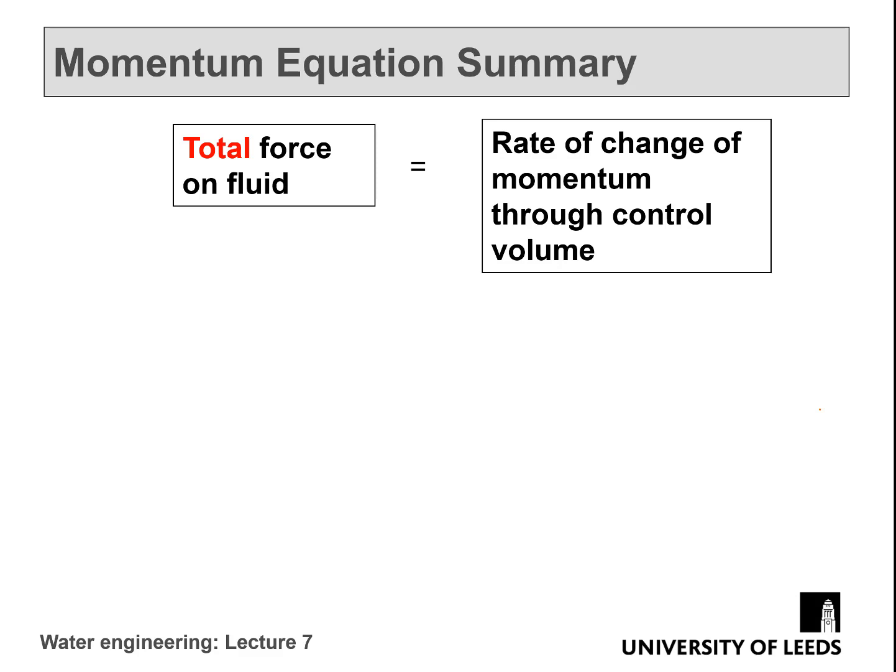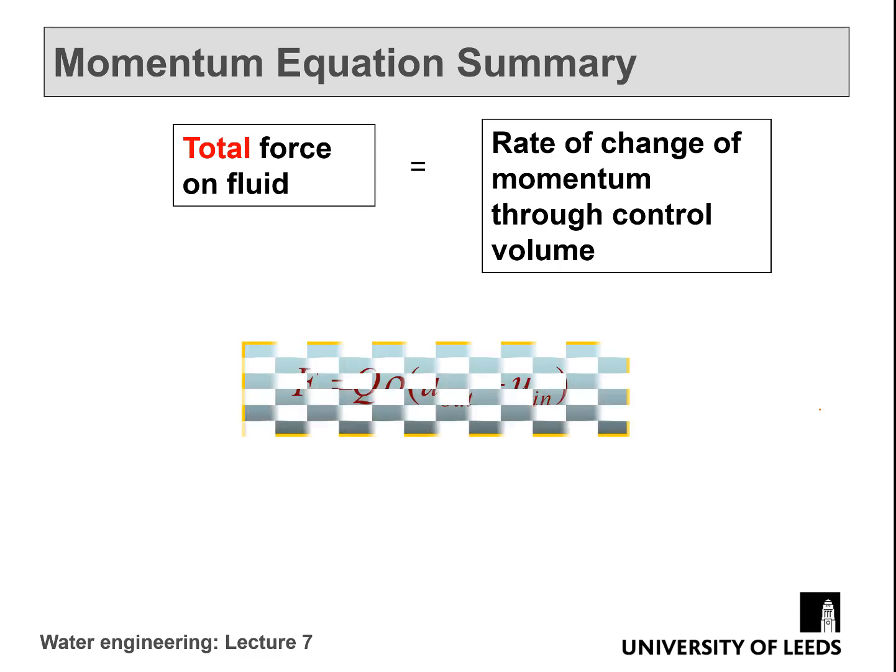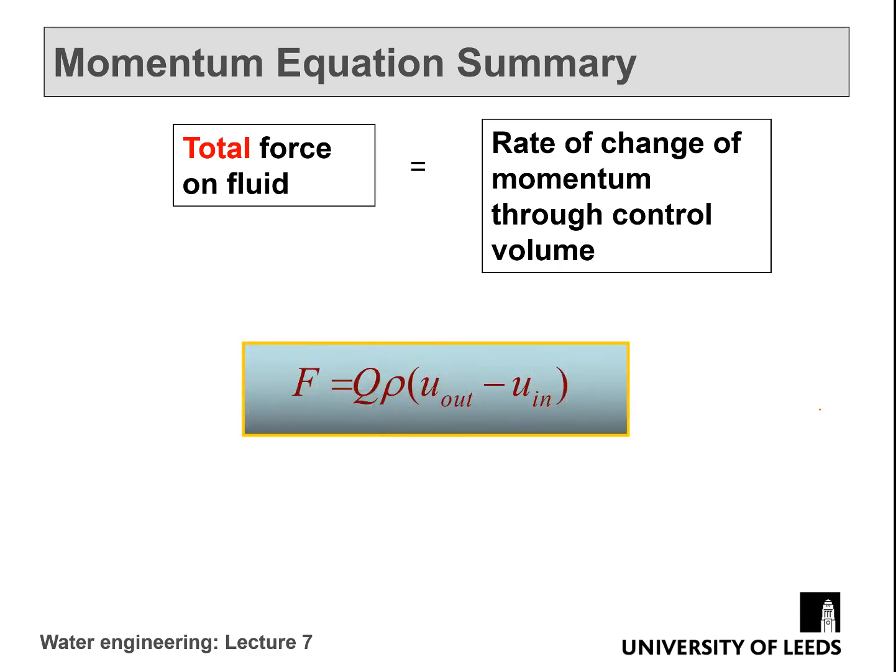So a summary of that: the total force on the fluid is equal to the rate of change of momentum through the control volume. A control volume is any shape that you want to use that encompasses the inlet and the outlet. And the equation is rho Q (U out minus U in), where those two velocities are in a specific direction.